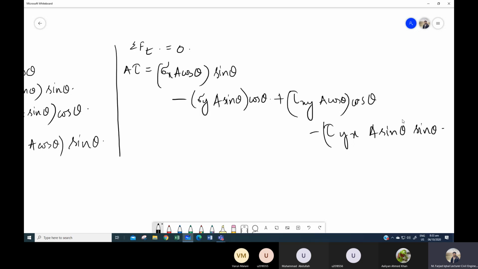Now the next step will be just to simplify these equations and get a formulation of this tau in terms of sigma x and tau xy. So we will start with equation 1.